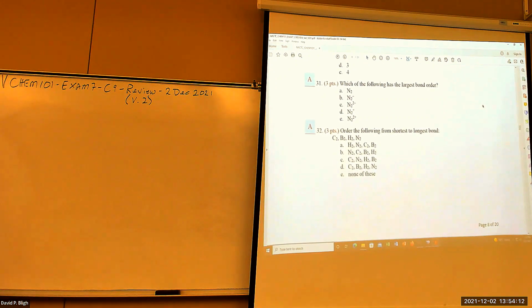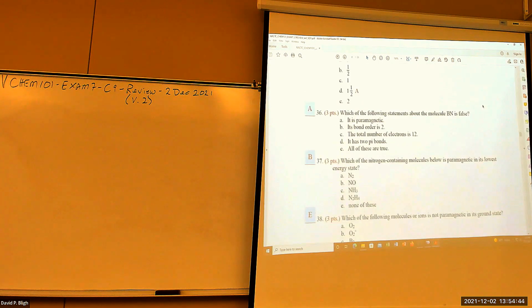Let's see here. There's a lot of repetition. 44 uses that same highest bond order, based upon the same.